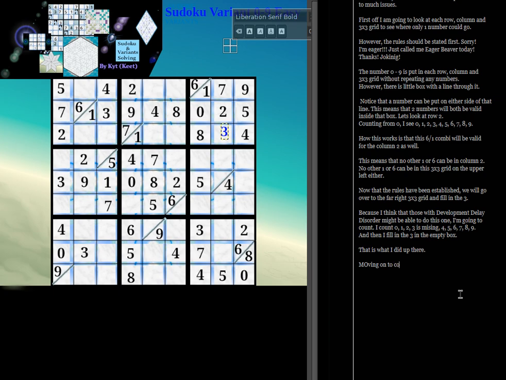Moving on to column 4. I see a 2. I will count from 0 and find the missing numbers. 0, 1, 2, 3 is missing, 4, 5, 6, 7, 8, 9.